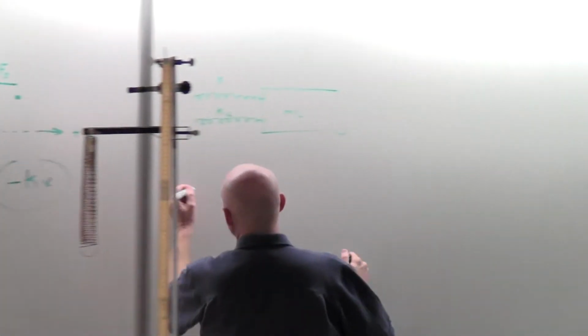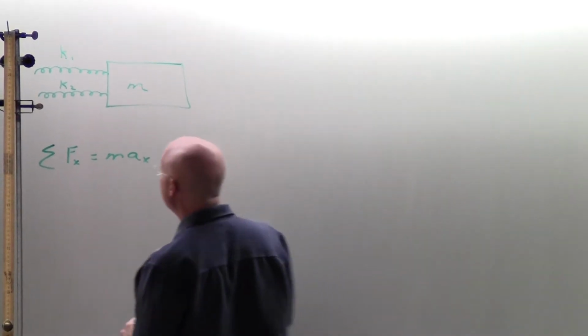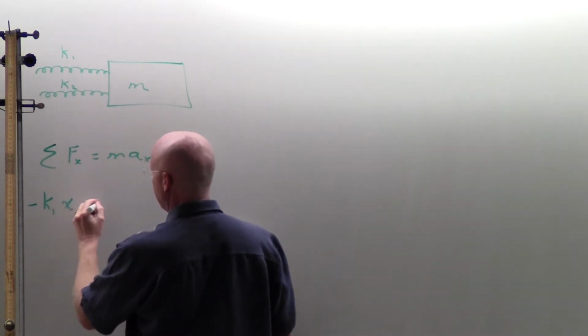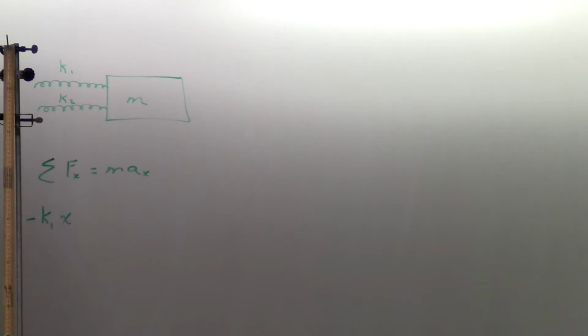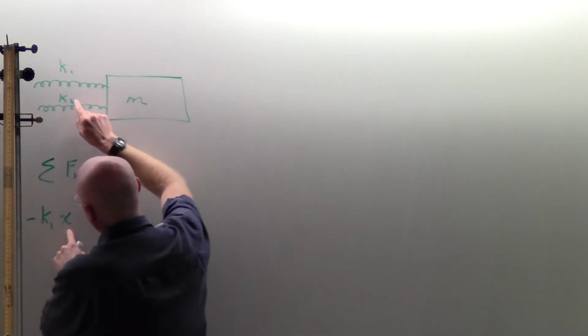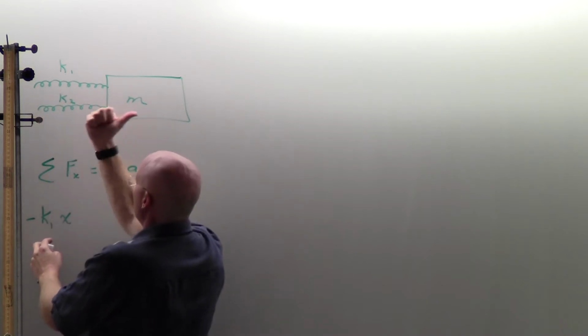And we will see that here for the same side. I will write the sum of the forces. So the sum of the forces on the x direction equal to ma. Let's see, what force do I get from spring number 1? It's a minus kx also. Now, you might want to take some time to think about the minus sign, but it is the same idea that if I push it in, the x is negative, giving me a negative with a negative, the force is that way.